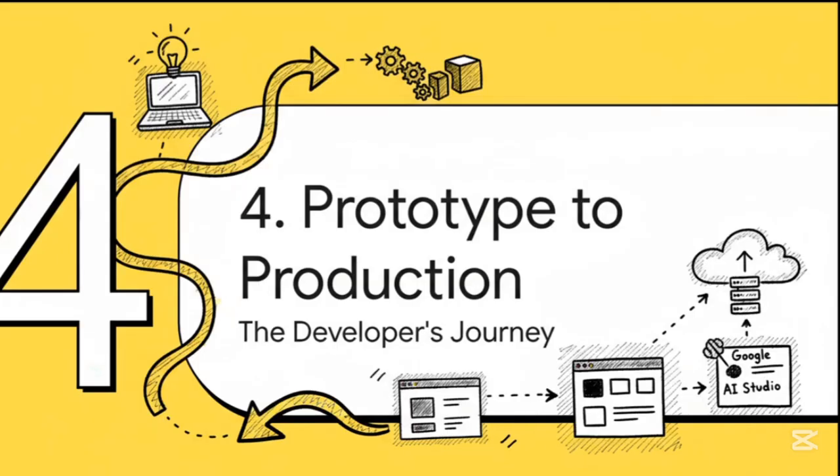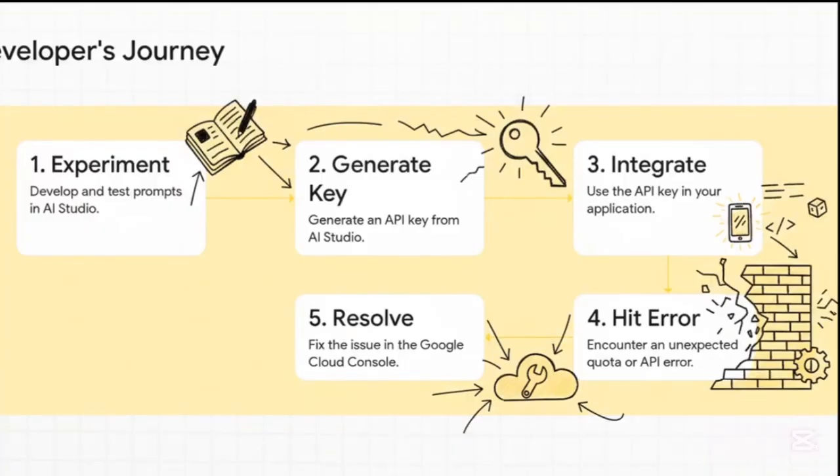Okay, so let's walk through the typical developer journey, step by step, to see exactly where this distinction becomes so incredibly important. So this is the path, right? Step 1, you're in the sketchbook, AI Studio, having a great time. Step 2, you generate your API key. Step 3, you integrate it into your app. And then, bam. Step 4 hits. You slam into a wall. Some weird error that makes absolutely no sense because, hey, the model was working perfectly a minute ago.